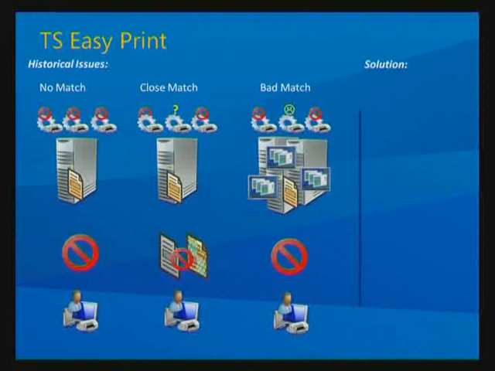We have what I like to call bad match. Bad match is more about, rather than matching the wrong thing, you've taken that consumer-grade print driver and you've installed it on the terminal server. The problem with consumer-grade print drivers is they'll happily go and write kernel mode print drivers for consumer drivers. We obviously recommend on servers that no server print driver is a kernel mode print driver, so that's going to cause you a problem.